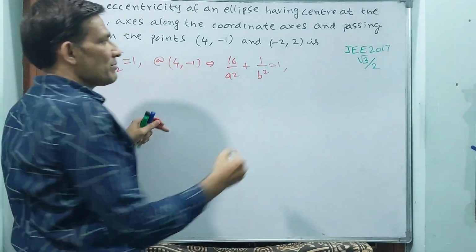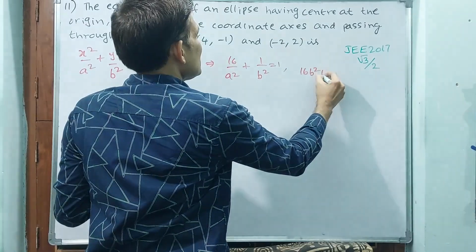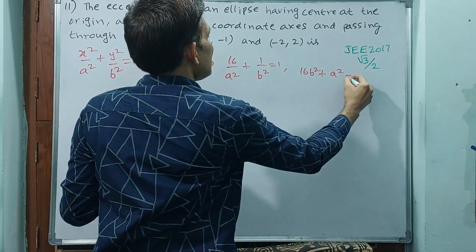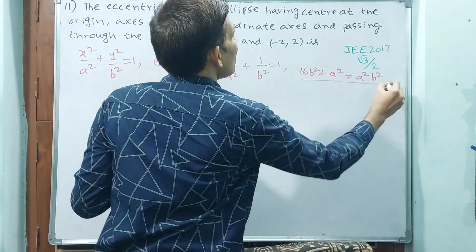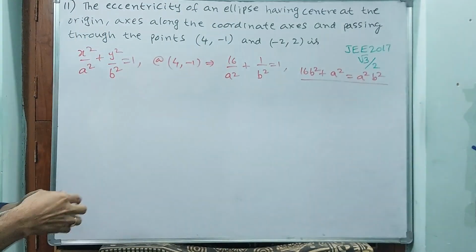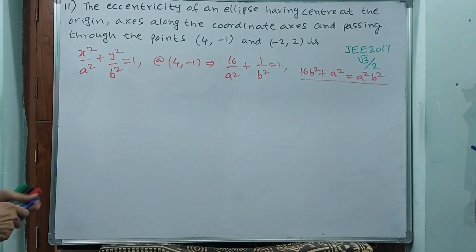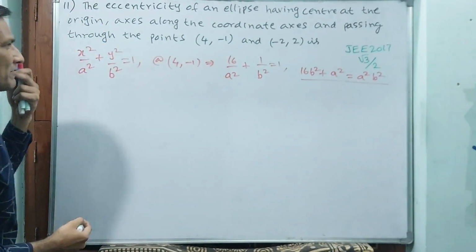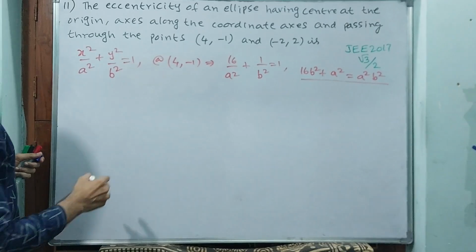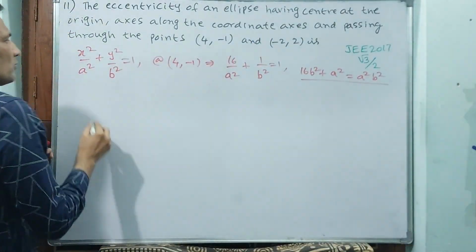Okay, 16b square plus a square is equal to a square b square. Okay, this is one equation. Again, you substitute this point also.